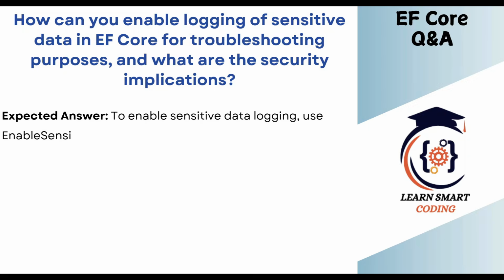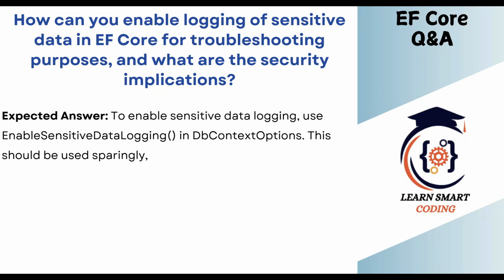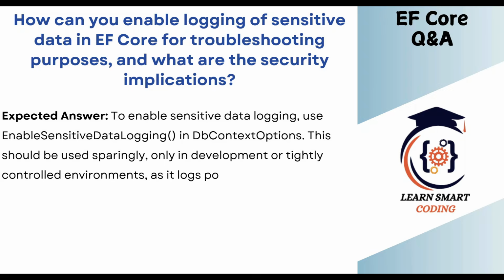Now we can also ask, how can you enable logging of sensitive data in EF Core for troubleshooting purposes, and what are the security implications? So let's say you're writing all of your beautiful queries and you just don't know how to debug in case the query is giving you wrong results.